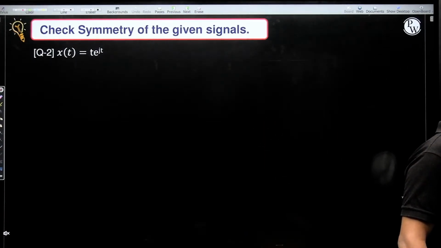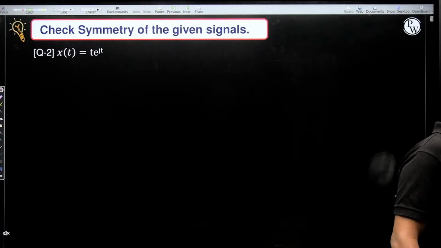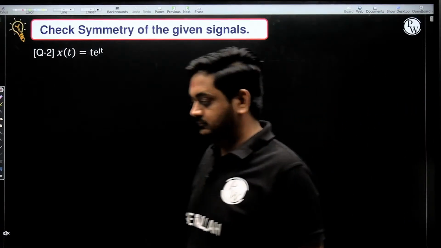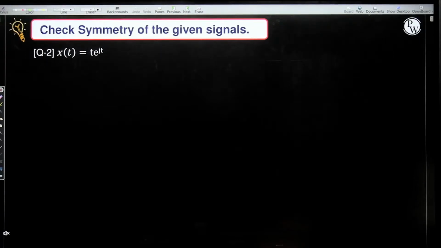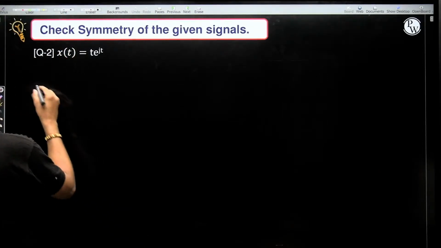Tell me whether this is a conjugate even signal, conjugate odd signal, or neither. Conjugate odd. Okay, very good. Let's check.